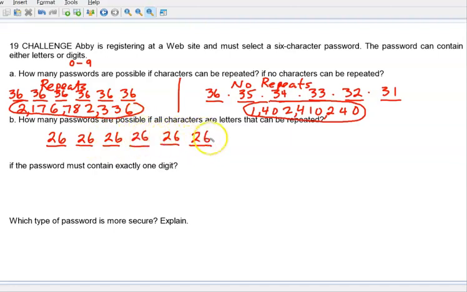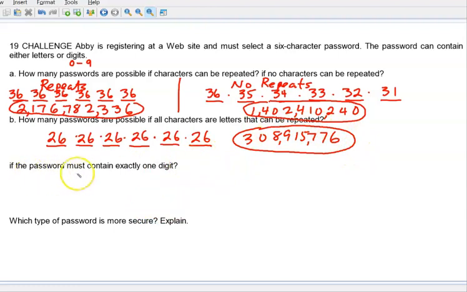Again, the fundamental counting principle says we just multiply all those together: 26 to the 6th power, which is 308,915,776.